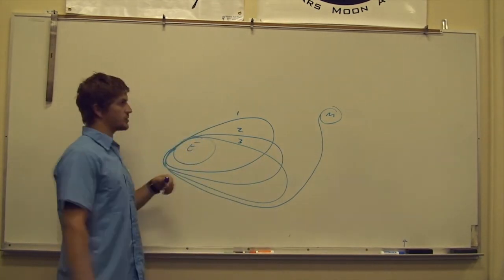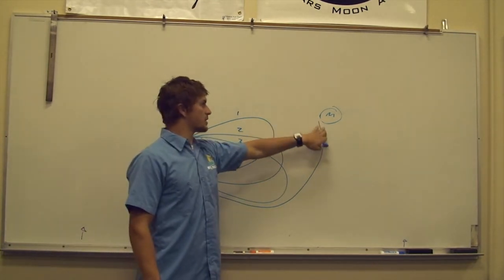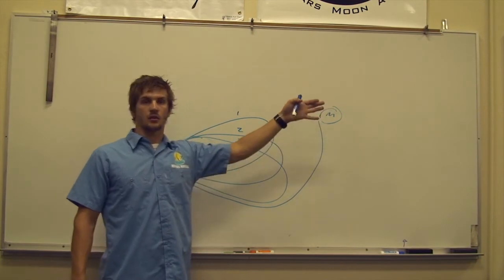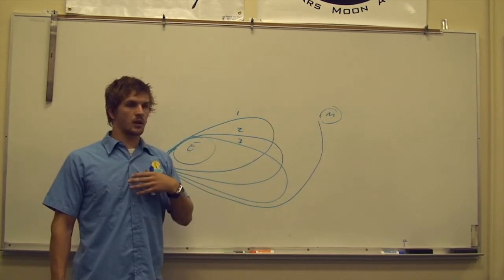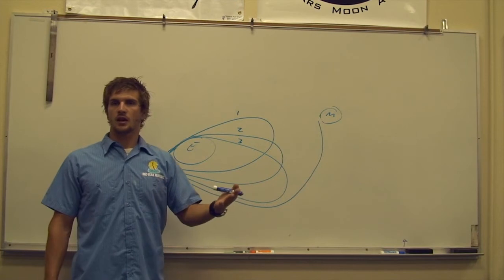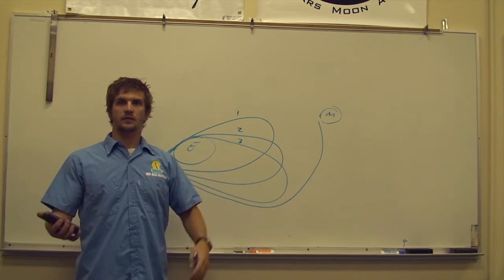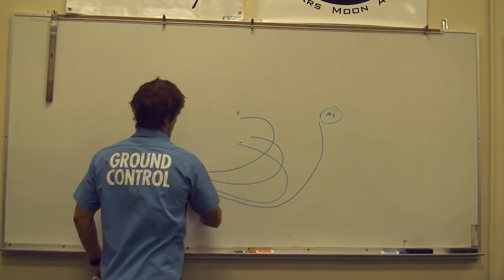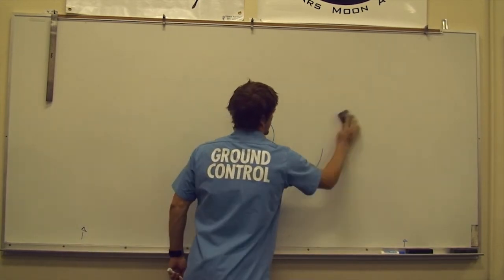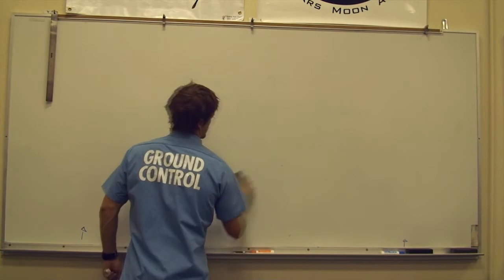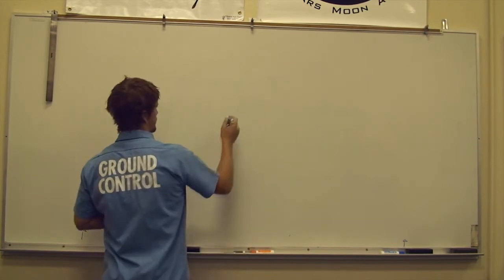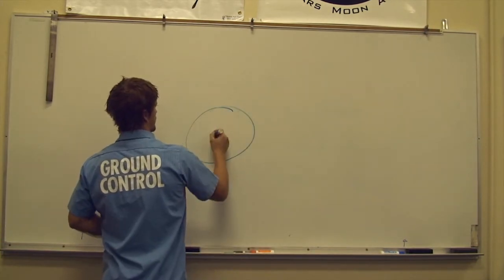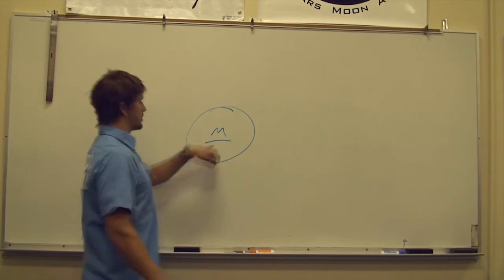The other approach is to skip this step here and enter a lunar parking orbit. The lunar parking orbit method is more complex, but the benefits outweigh the troubles that you have to do to get there. We'll go ahead and cover that now. So we've left the Earth, and we're coming to this guy, the moon.